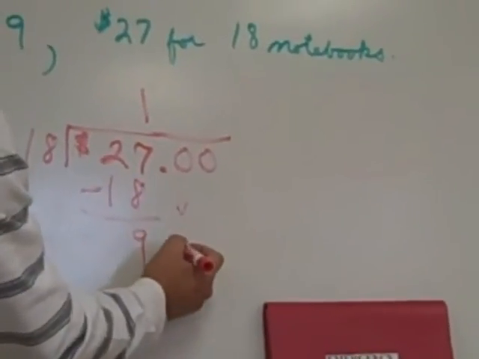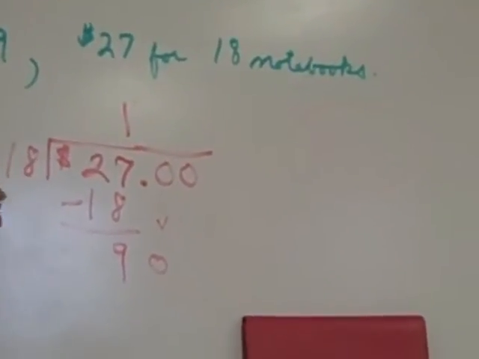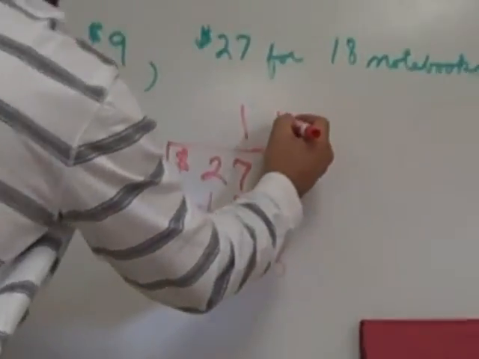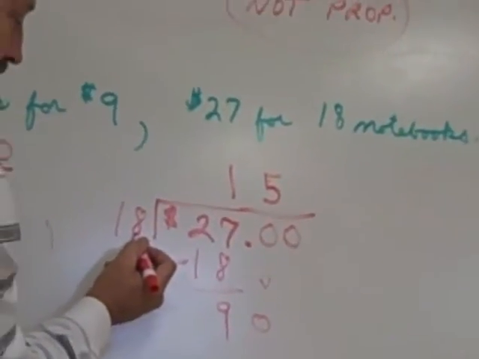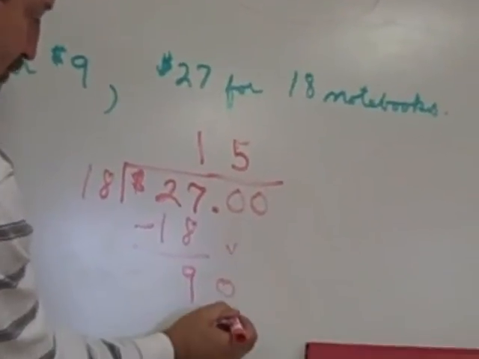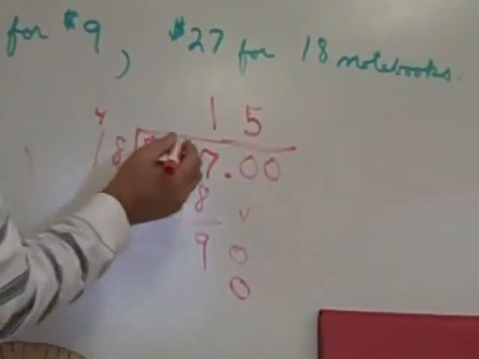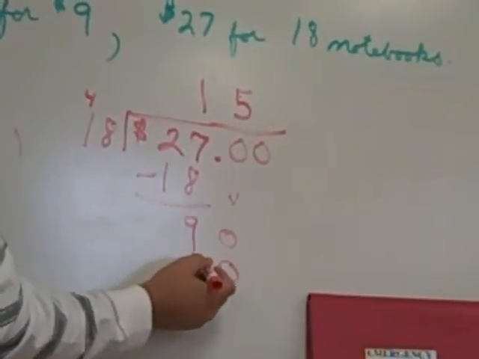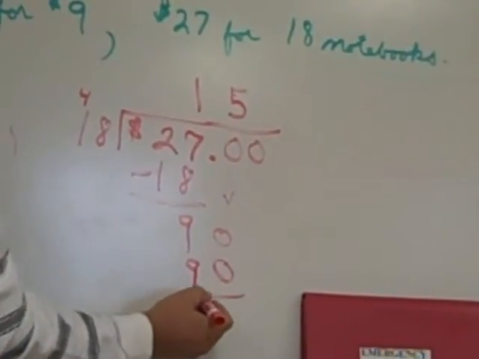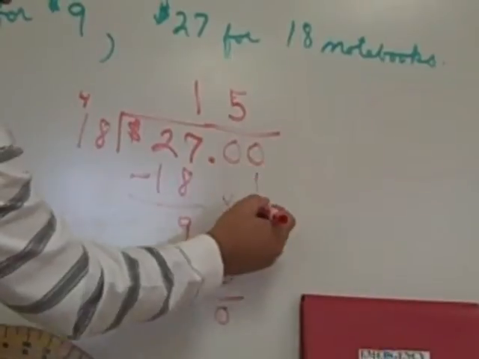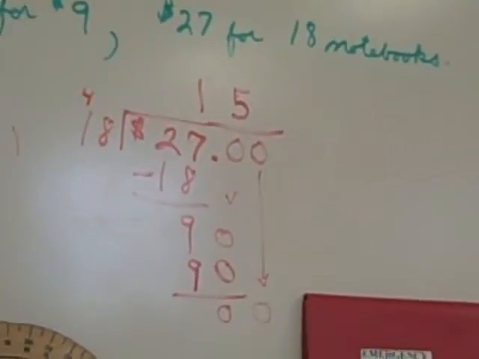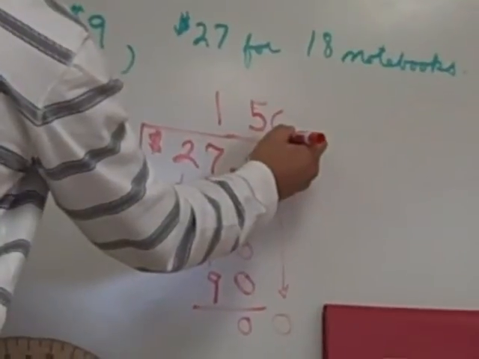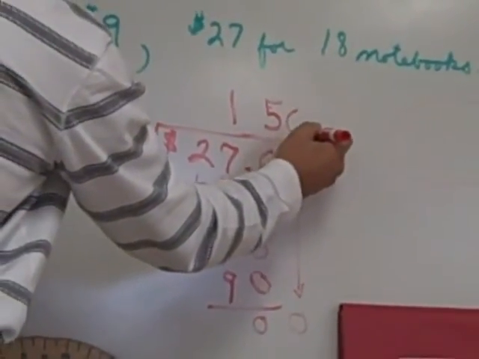Bring down your next 0. 18 divides into 90. 5 times 8, 40. Put down my 0. Carry my 4. 5 times 1 plus 4, 9. 0. Bring down my next 0. 18 divides into 0. 0.